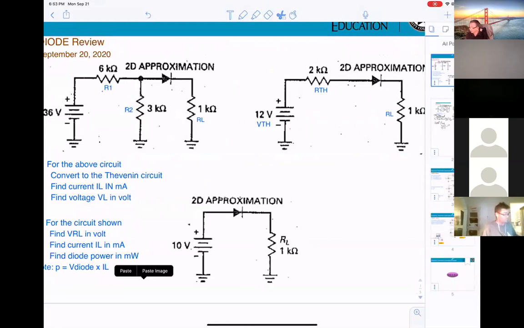So, the formula: IL equals 12 volt minus 0.7. Right here, there will be 0.7. So 12 volt minus 0.7, divided by 2K plus 1K.